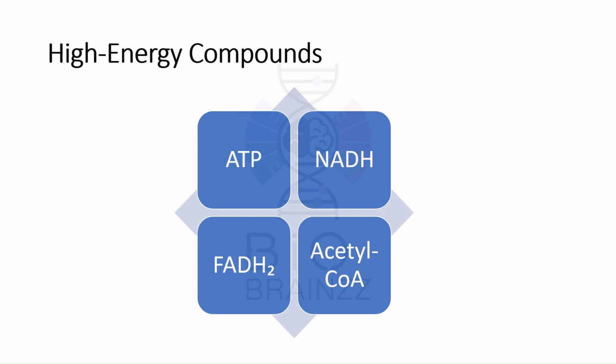NADH and FADH2 are electron carriers that store high-energy electrons during metabolic reactions. These electrons are later used in the electron transport chain to generate ATP. Acetyl-CoA is another important molecule that links different metabolic pathways, especially carbohydrate and lipid metabolism. So, these compounds act as energy carriers and connectors in metabolism.